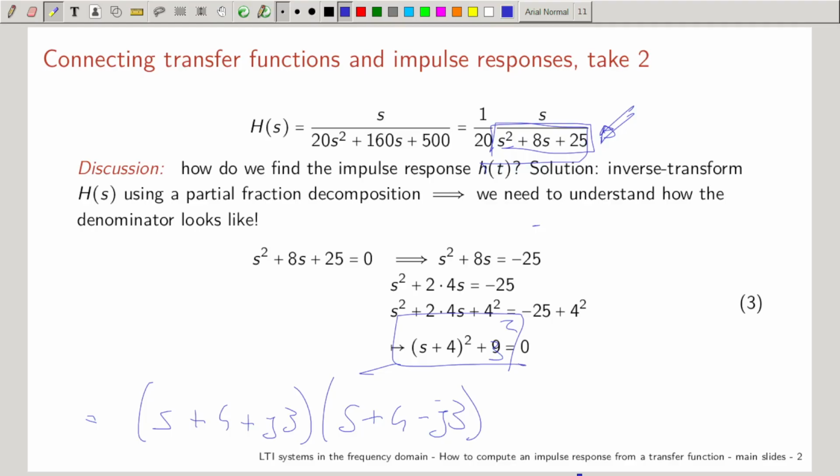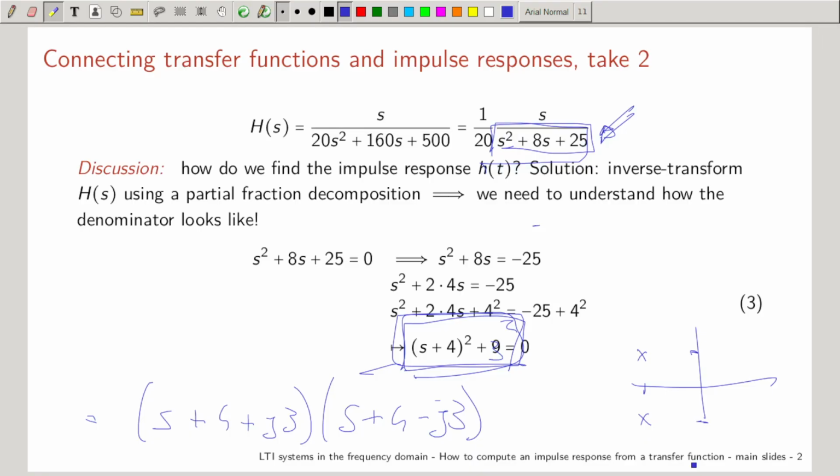Why is this representation very nice? Because I see immediately where I am in the complex plane. Given this writing, where are the roots going to be? Minus 4 plus minus 3j. Together.